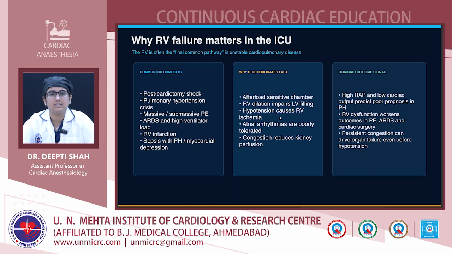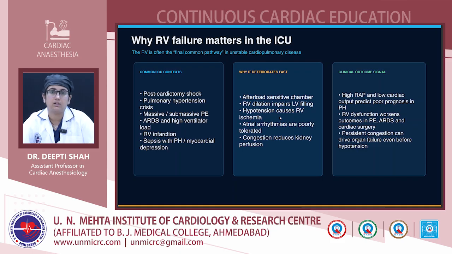Now, why is it necessary to study RV failure? Because the RV is a chamber that deteriorates very fast. Why does it deteriorate very fast? Because, as I already told, it is a very afterload sensitive chamber. Once the RV faces any kind of increase in the afterload, it will result in its dysfunction, which will further lead to dilatation of the RV, which might lead to decrease in the LV filling and thus resulting in hypotension.